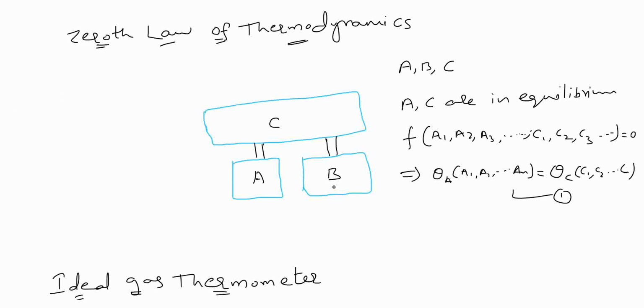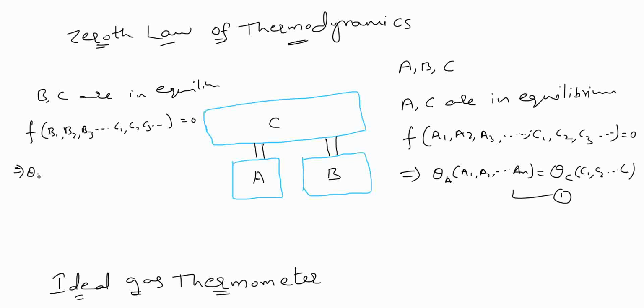Similarly, as C and B are connected, B comma C are in equilibrium, and so we can write a function like B1, B2, and so on, C1, C2, C3, and so on, equals 0, and this will reduce to theta B of B1, B2, and so on equal to theta C of C1, C2, and so on.